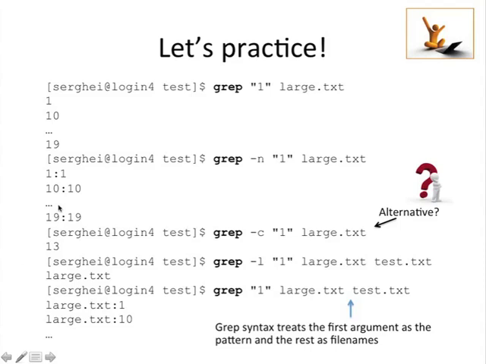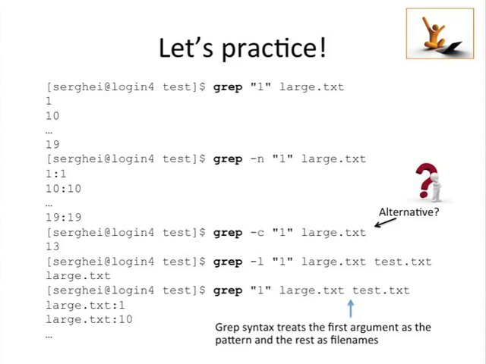Here, just because the file is kind of artificial, the line number will coincide with the line itself, but that shouldn't be the case in general. Okay, so -c will count how many lines contain the digit 1, and there are 15 lines.